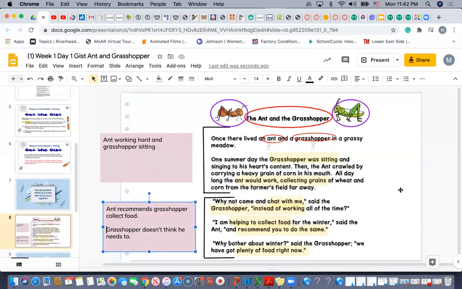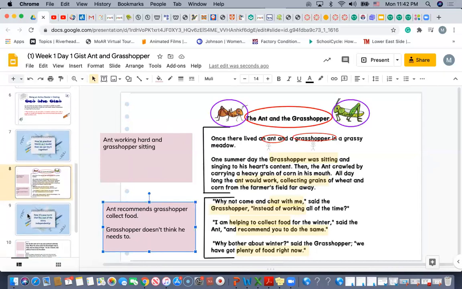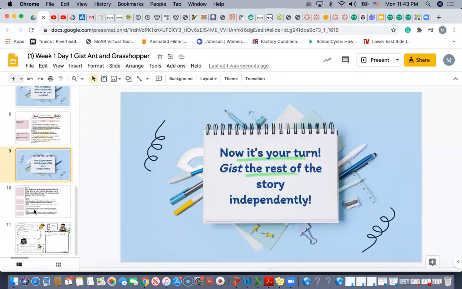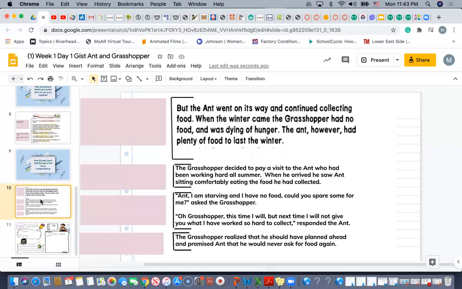So now I'm gonna go to the next part of my passage. But now I want you to read the rest of the story. And I really want you to think about what is important that you're reading. I am going to have some of the highlighting tools already there for you to make it a little bit easier for you to drag and drop the highlighter.